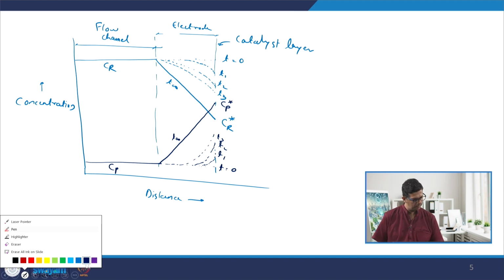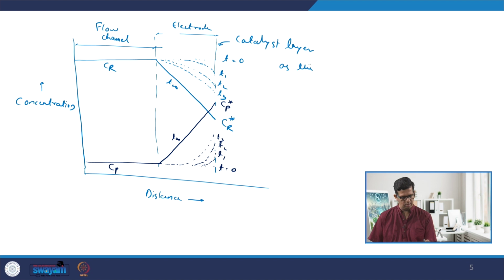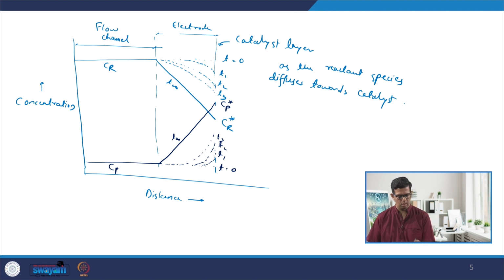So, let me write that up as the reactant species diffuse towards the catalyst layer, the product species diffuses out.